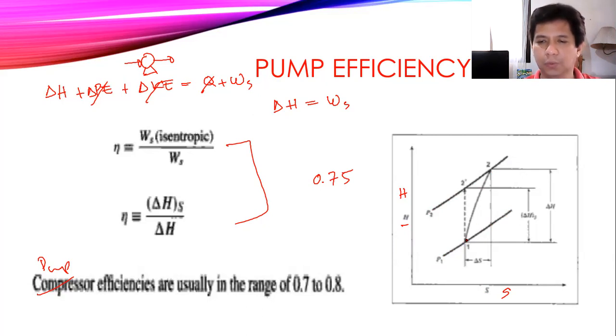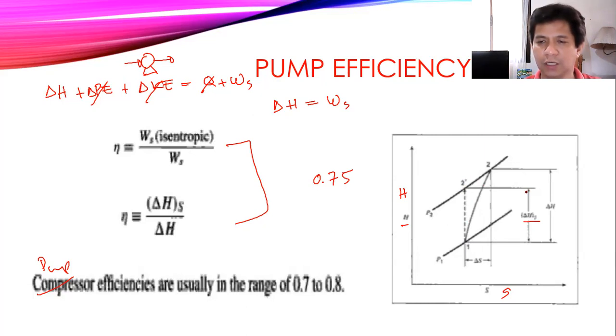Ano? So when you have an isentropic process, constant S, the broken line represents the isentropic process, the reversible process. So as you can see, H2 prime minus H1 will give you delta HS.